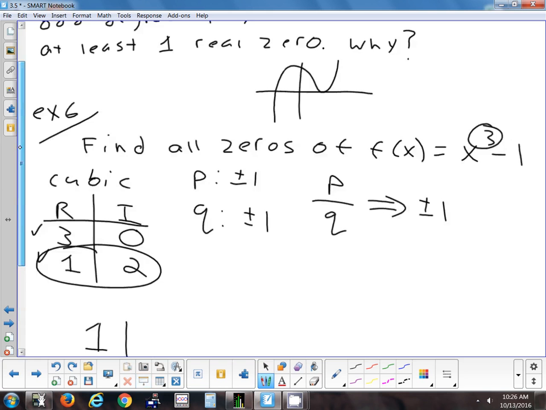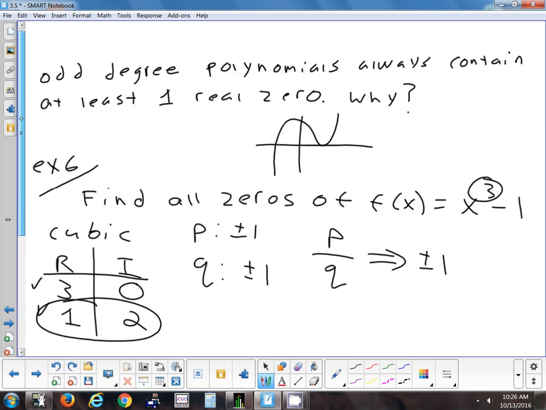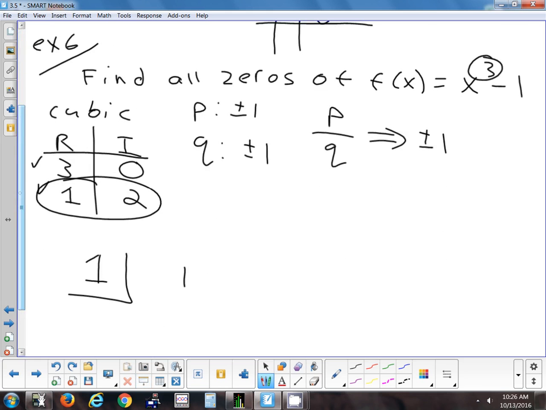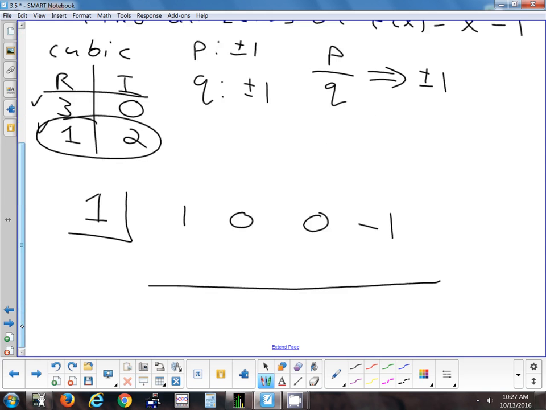1. All right, and we've got 1x cubed, 0x squared, 0x, minus 1. This one's going to be extremely fast. So we've got 1, 1, 1, 1, 1, 1, 0.